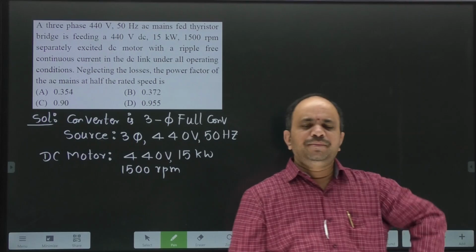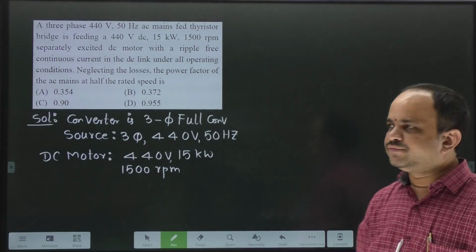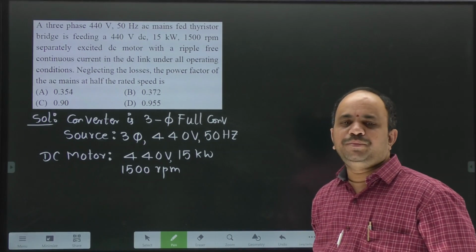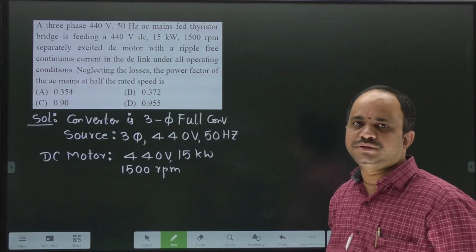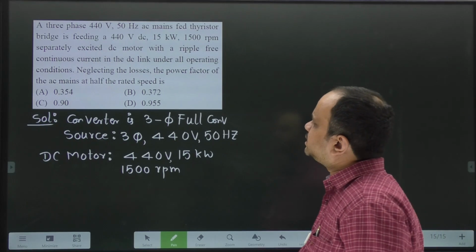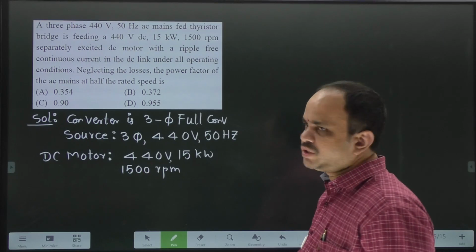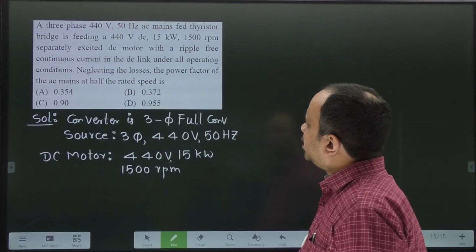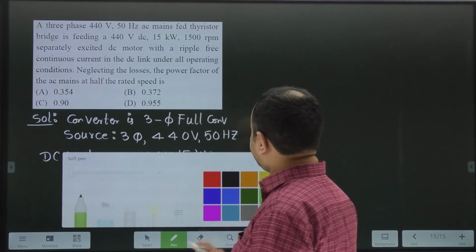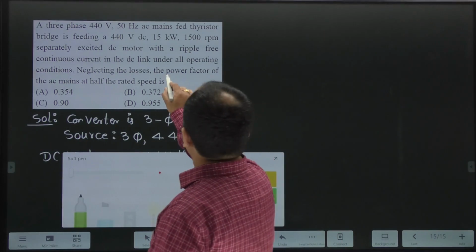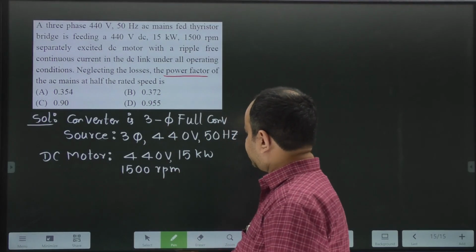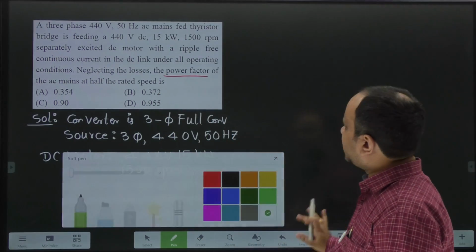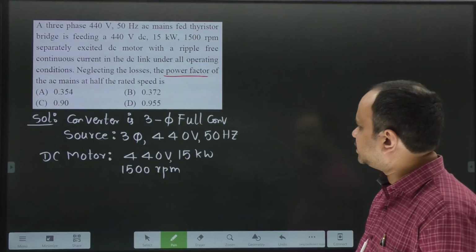You can say that armature inductance is sufficiently large to maintain the armature current continuous or constant, neglecting the losses. Therefore, you can neglect the armature resistance. Now, the question is, what is the power factor of the circuit? You need to calculate the power factor of the circuit.